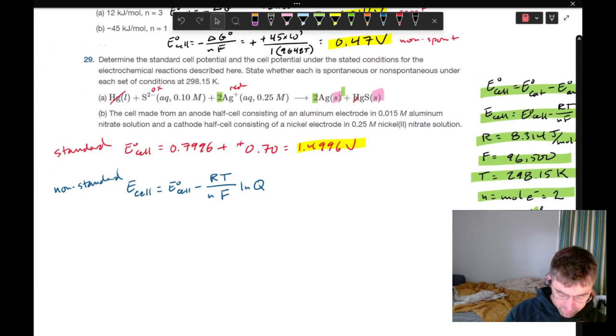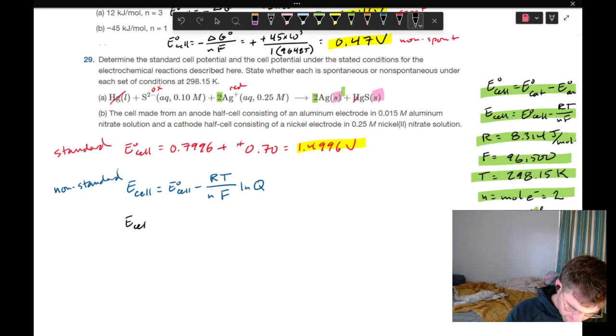Let's pull these values over. So E cell, let's stick with blue. E cell equals, our E naught cell was what we calculated, minus R, which is 8.314. Temperature they gave us in Kelvin was 298.15.